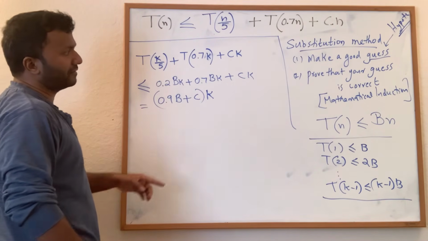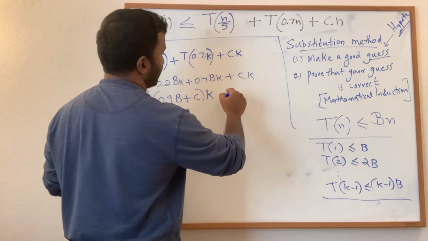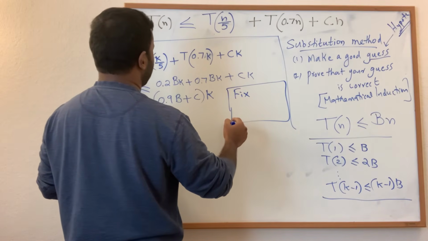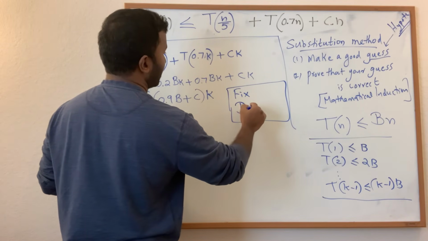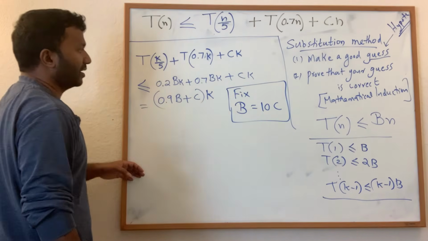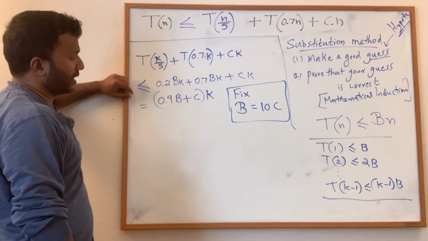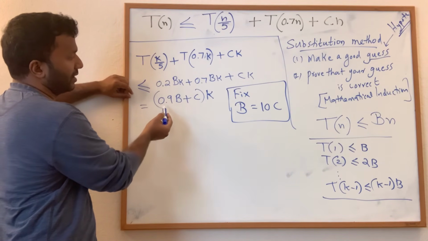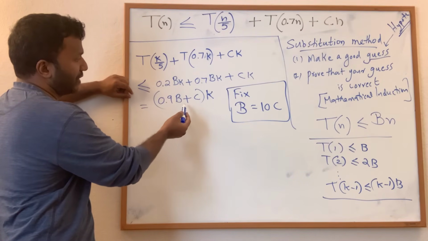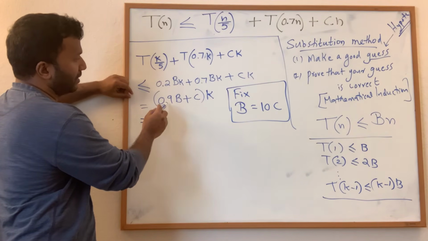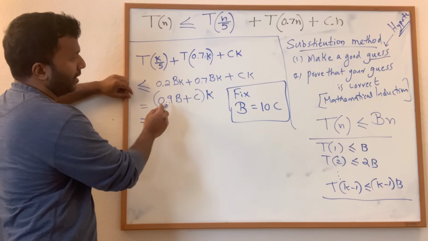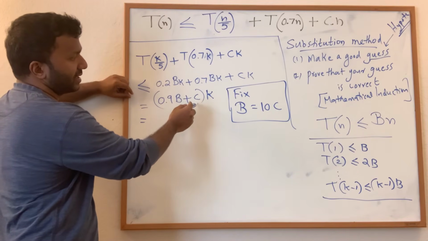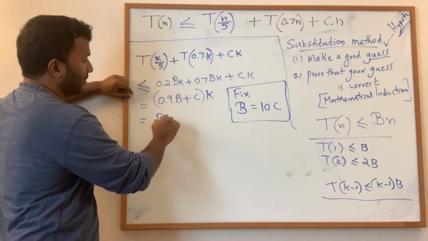And now if I fix the value of b is equal to 10c, if I fix b is equal to 10c, what will happen is, if you evaluate what is inside, this will become basically 9c plus c, that is 10c. 10c is equal to b, so that is bk.